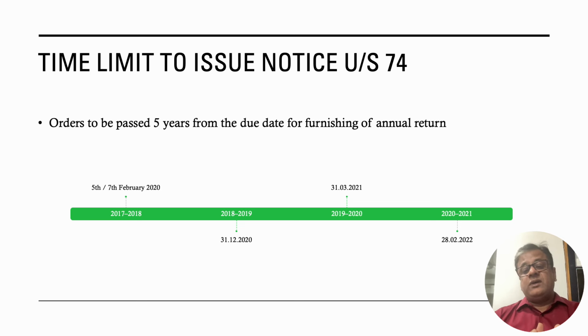So if you see, the time limit to issue notice under 74 is 5 years, whereas for 73 the 2 years is already exhausted. That is the reason the department is issuing notice under 74.